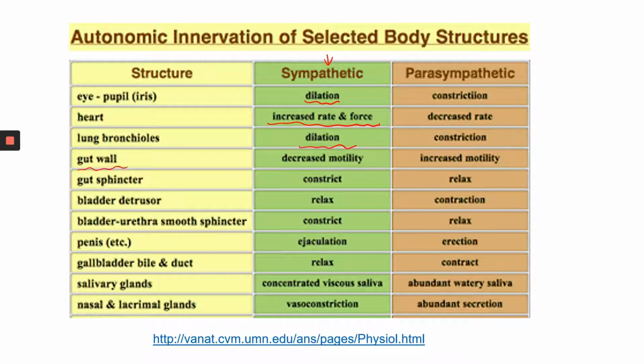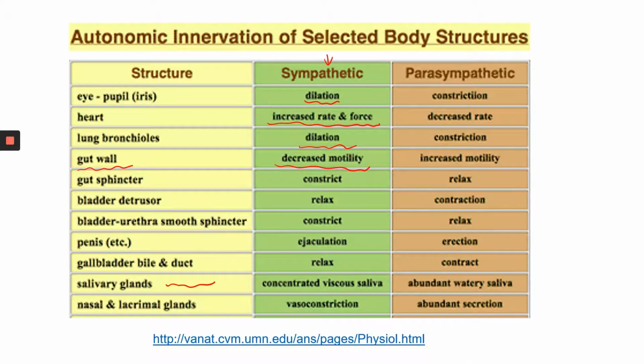Gut wall. So you don't want to perform rest and digest, right? So you need to decrease motility of the gut walls because you want very little digestion. Next, very important things are over here. I've seen questions that mention this.